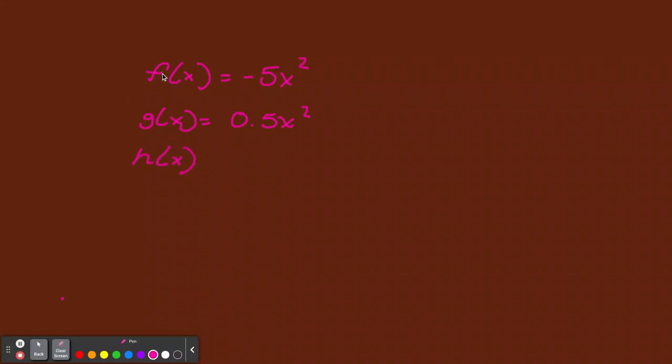And you usually see f, g, and h when you see these. And let's say that's 3x squared. And they're asking you, let's say in this question, what order would you put these in, arranged from the narrowest graph to the widest graph?